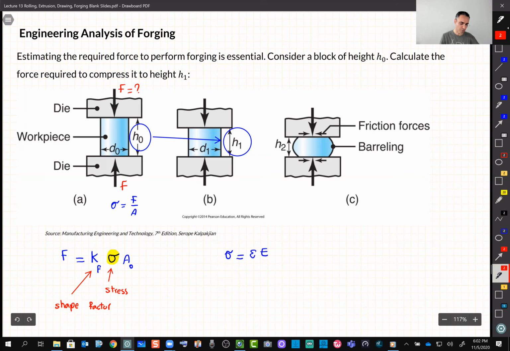And you know the definition of epsilon, right? The deformation divided by the initial length, which is H1 minus H0 divided by H0. So good to go, we have the sigma.